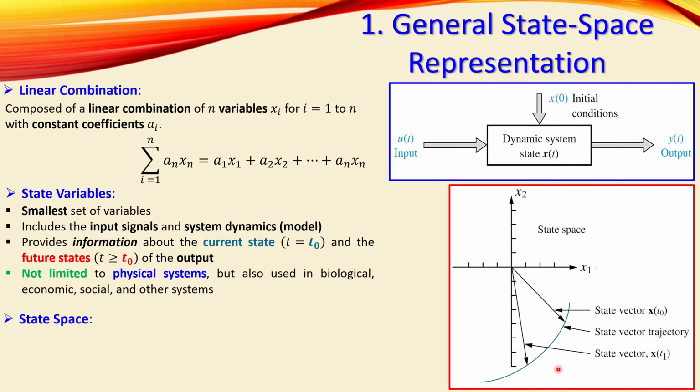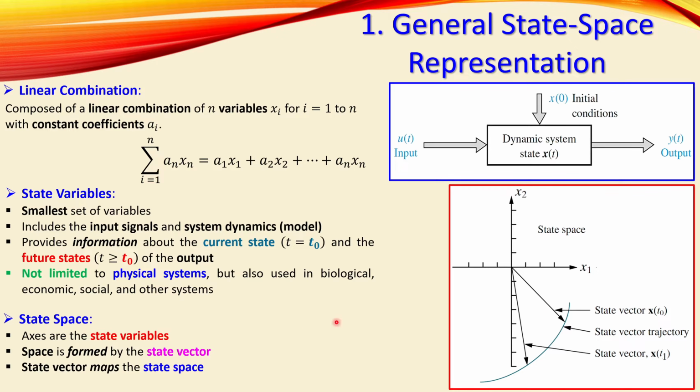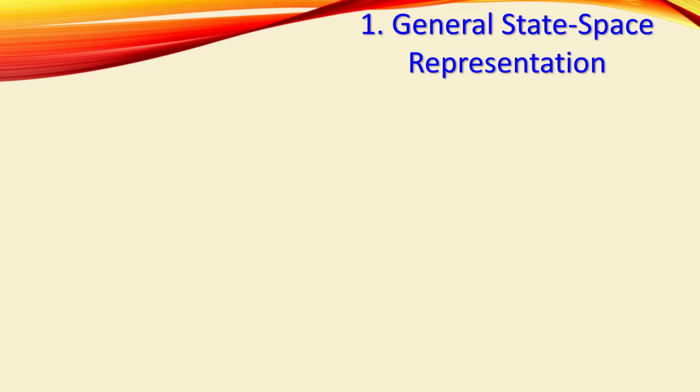So this is sort of a pictorial view of what a state space is. It has the axes, which are x1 and x2, those are the state variables. And the space is formed by this state vector. The state vector maps that state space, as discussed earlier. This was just a general view.